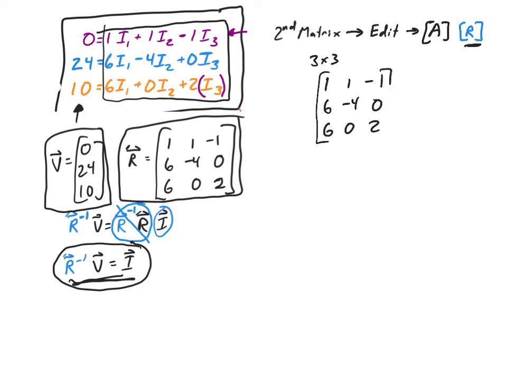I type all those in really quickly: 1, 1, negative 1, 6, negative 4, 0, 6, 0, positive 2. And then I'm going to quit out. Second quit.